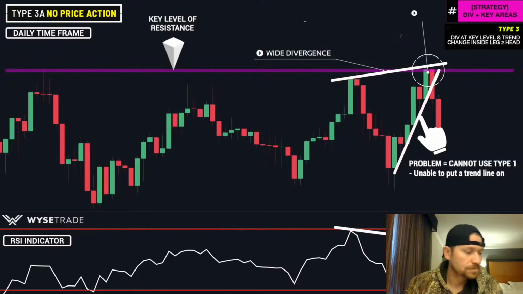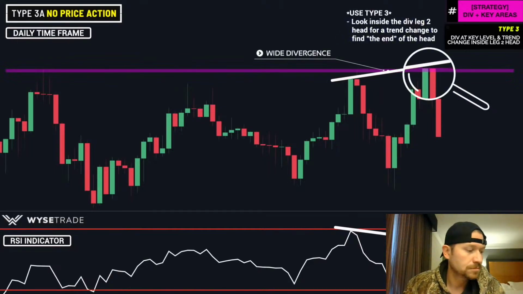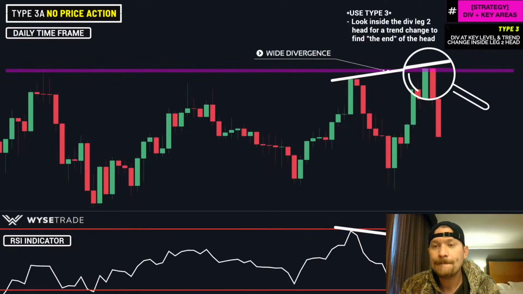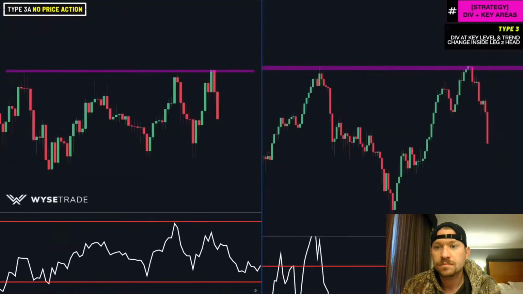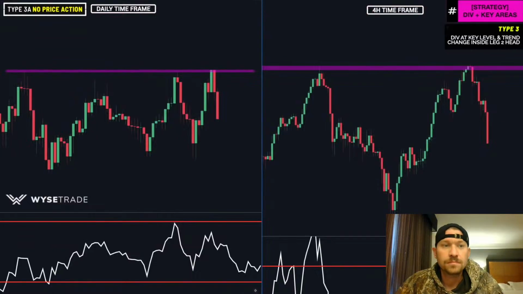Great level, no entry. So to get around this, you used type 3, which is to look inside of the divergence leg 2 head right here and see if we could find price action that showed a trend change, so that you can find the end of the second head. So let's bring up the 4-hour time frame. So again, on the left was the daily time frame we just looked at, and on the right is the 4-hour time frame.